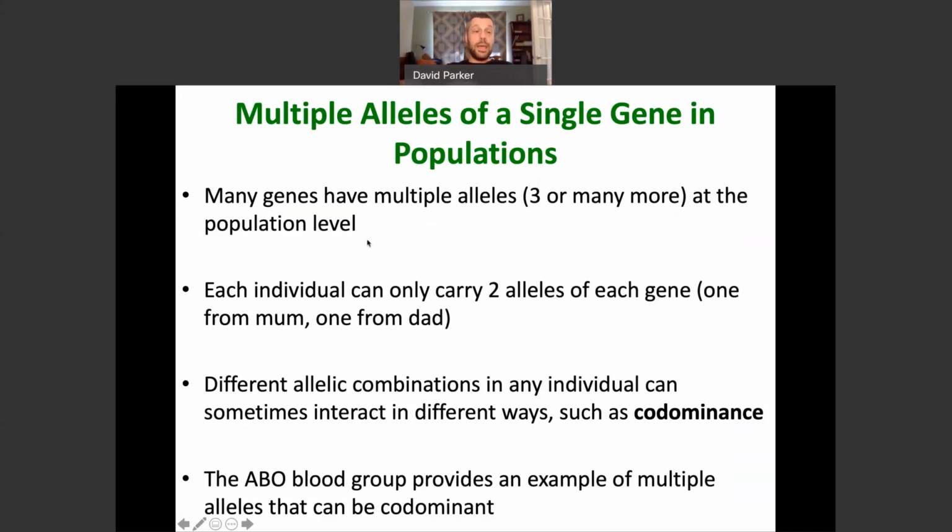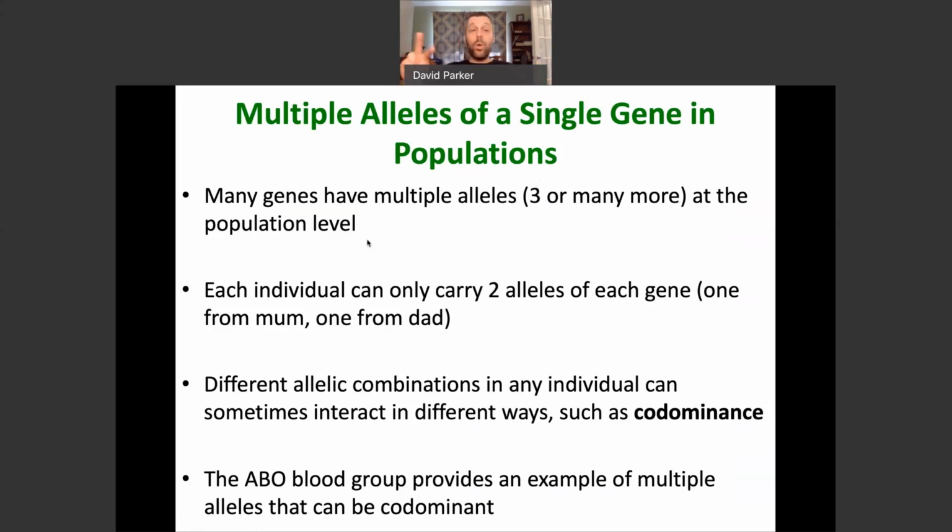It is true that me or you can only have 2 copies of each gene, one from mom, one from dad. But in a general population, if you look at our class in general, for any given gene, there's probably a lot more than just 2 possibilities, but only 2 can exist within a single individual, at least in a diploid organism.